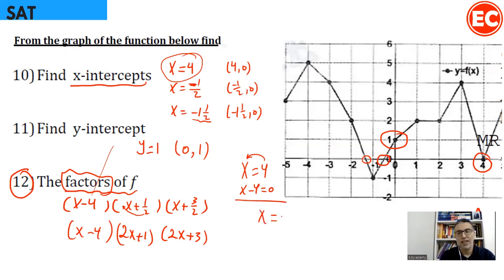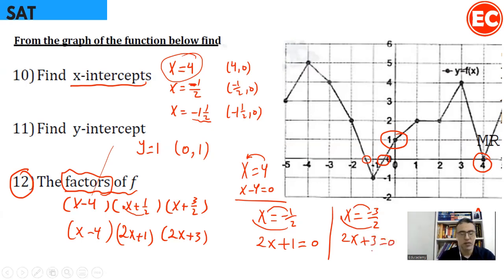And instead of x is equal to negative half, I put the 2 here and move the negative 1 inside, so it's 2x plus 1. And instead of x equal to negative 3 over 2, I move the 2 there and move the negative inside, so 2x plus 3 is equal to 0. These are factors of the function, and the function here is graphed.